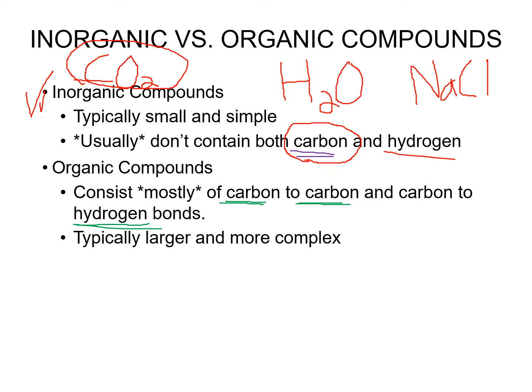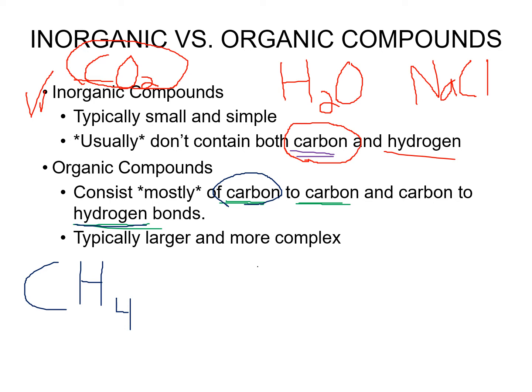So what's an example of an organic compound? Well, an easy one to talk about is methane gas. Methane gas is CH4, so it's a carbon, and that 1 carbon is bound to 4 different hydrogen atoms. So if you look at our definition of organic, it's a carbon connected to either another carbon or a bunch of hydrogen atoms.